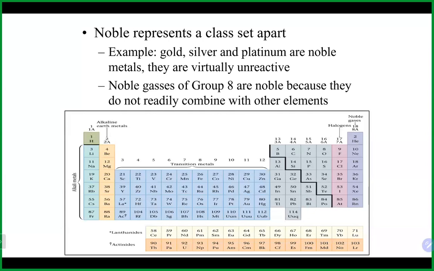If your necklace goes away, then not so much gold. It'll probably turn greenish when it does that. But they're very, very unreactive. Gold is Au, silver is Ag, and platinum is Pt.